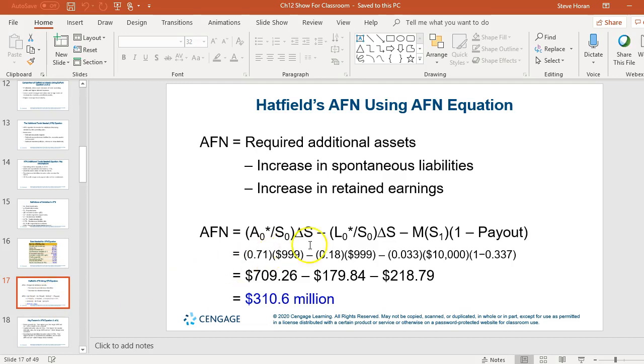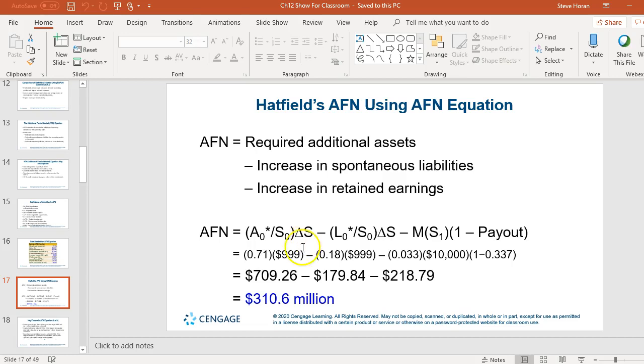So here's the equation right here. I know that looks really big and ugly, but it's really not that bad. If we just focus on each individual section here, it really makes sense. So remember, A0 divided by S0 is my capital intensity. How much asset do I need compared to sales to support sales? So A0 to S0 times the change in sales.